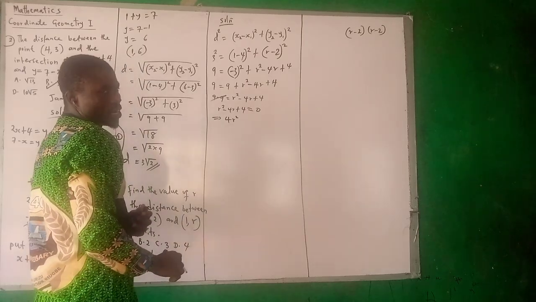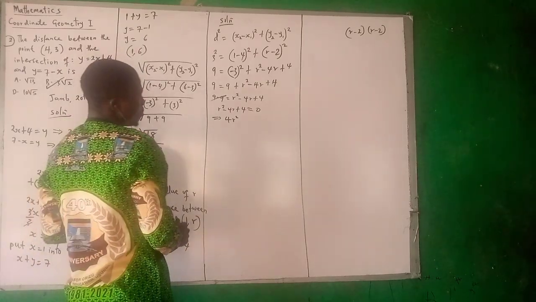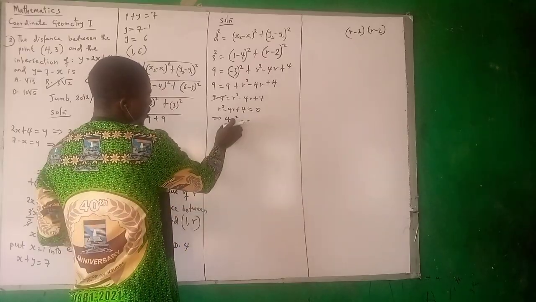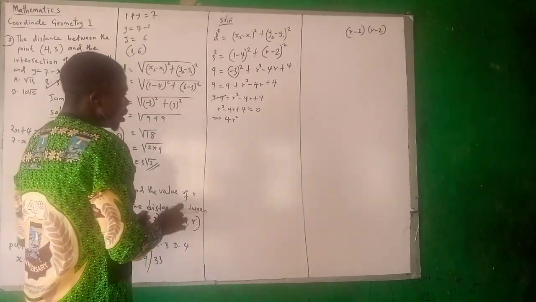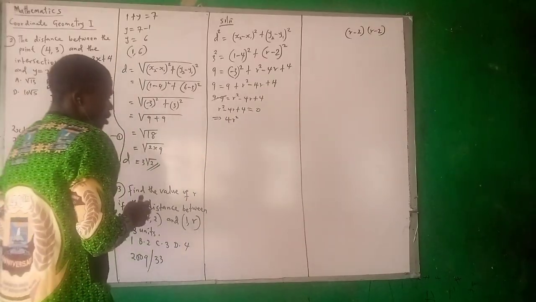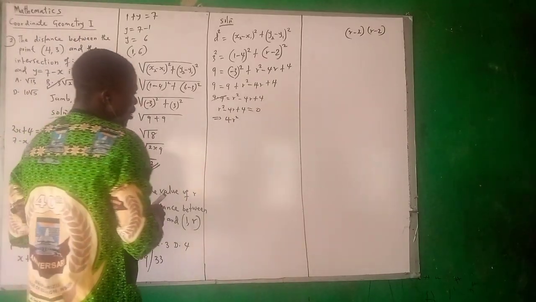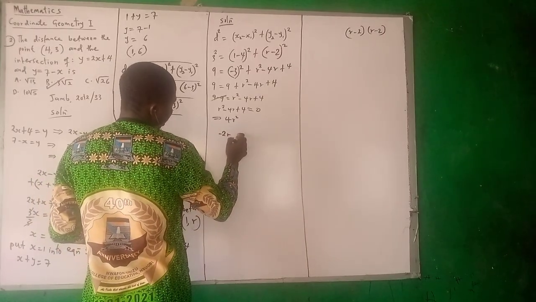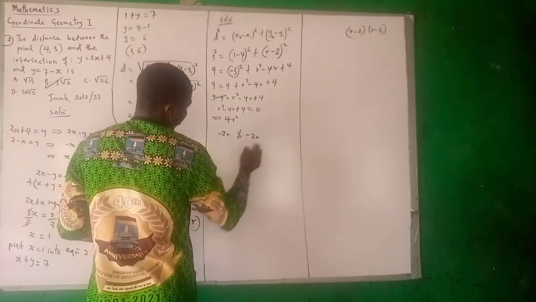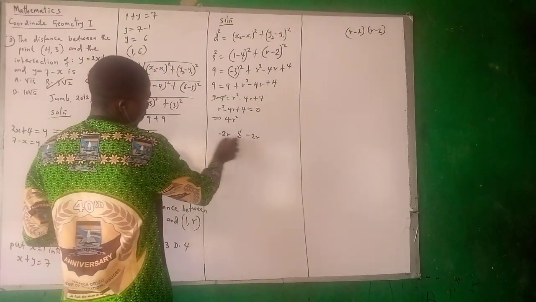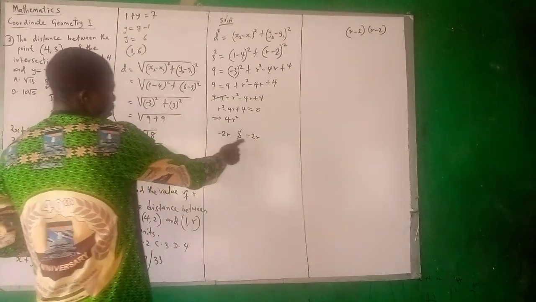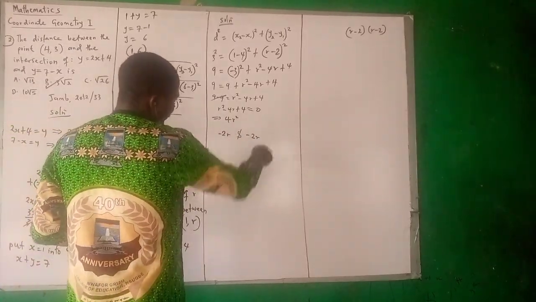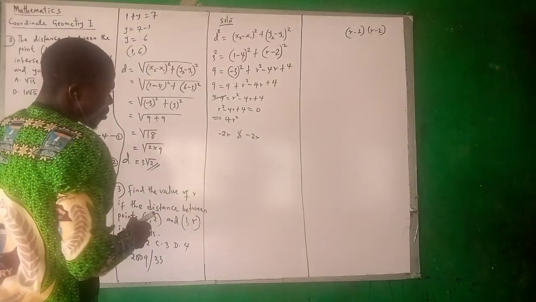Next, look for two numbers such that if you multiply them, they give you this value, but if you add them together, they give you the middle term. The numbers should be minus 2r and minus 2r. Minus 2r times minus 2r gives 4r squared, and minus 2r plus minus 2r gives minus 4r.